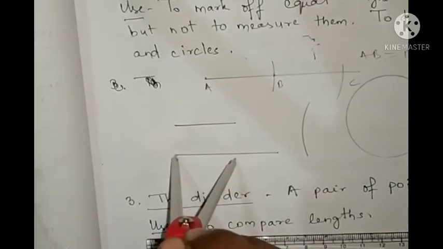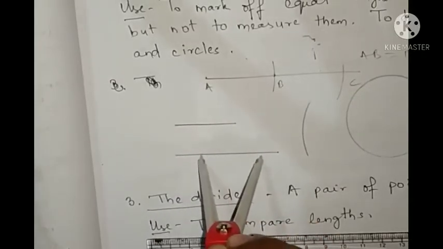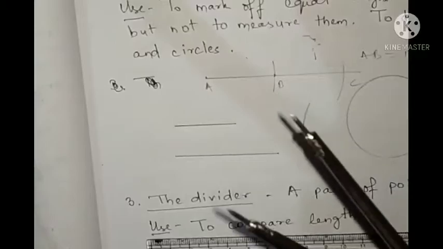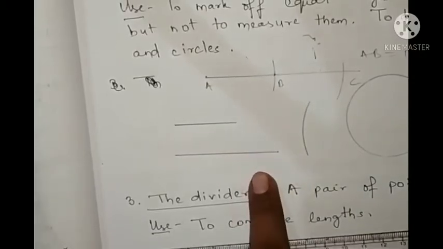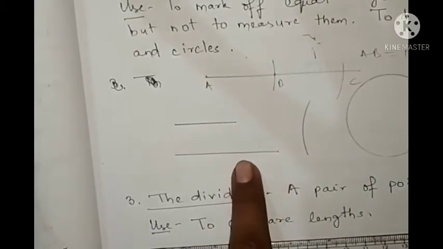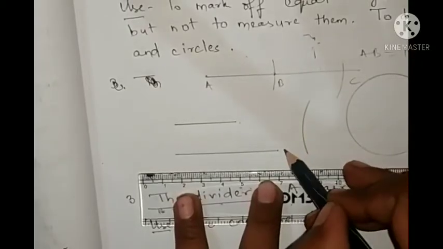This line covers only this much, means this line is smaller than this line. So with the help of divider we can compare the lengths. Here you can easily compare the lengths. After seeing this we can say yes, this is small and this is a big line.